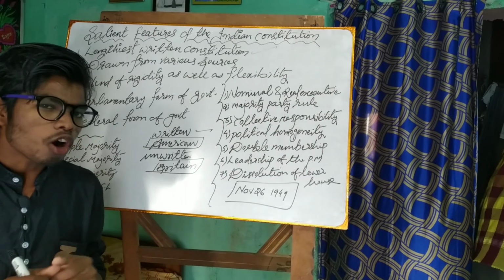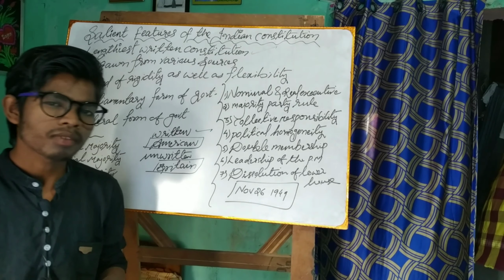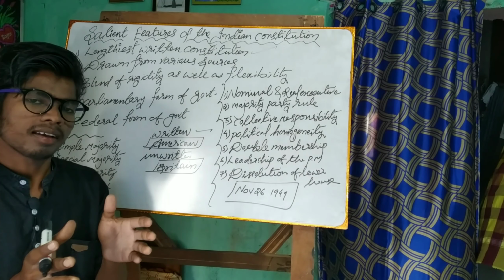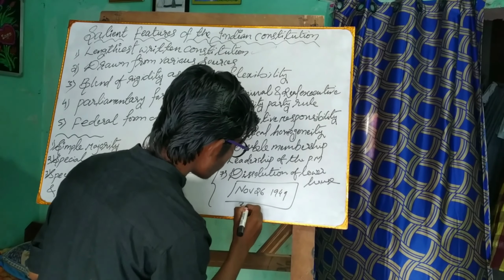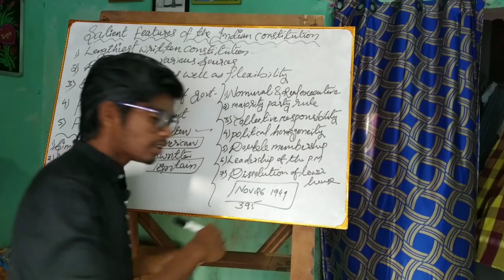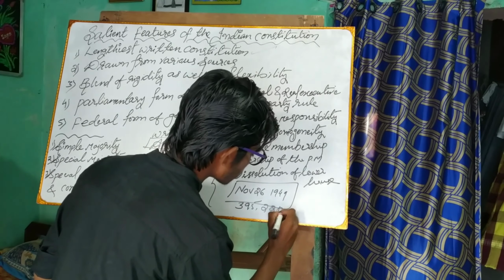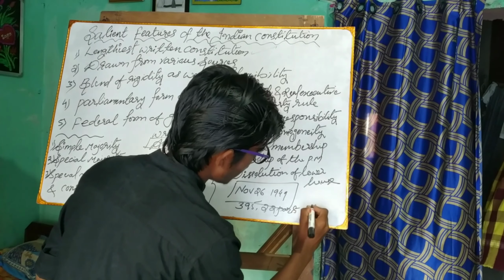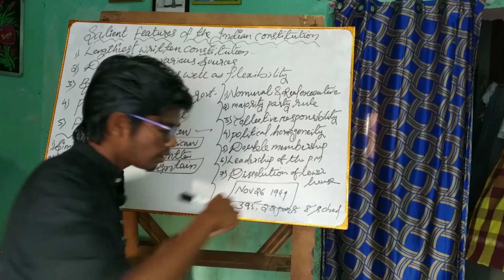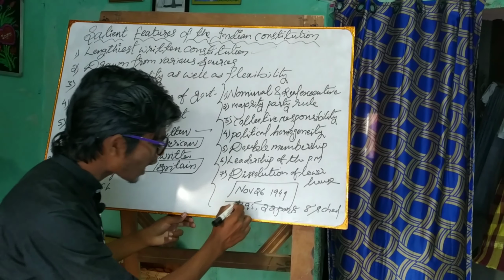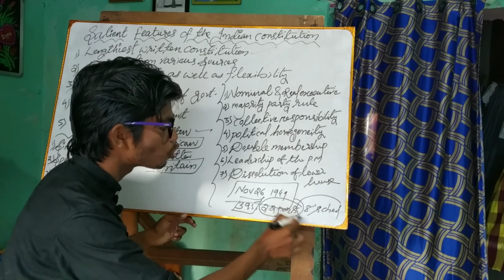The Constitution of India was adopted on November 26, 1949, and it contained a preamble and initially 395 articles, divided into 22 parts and 8 schedules.